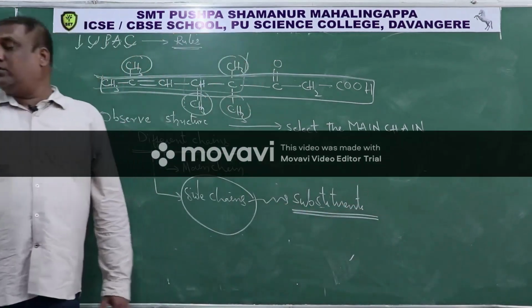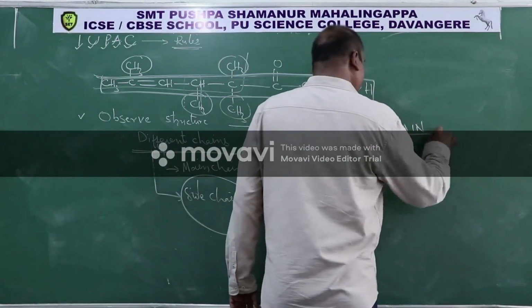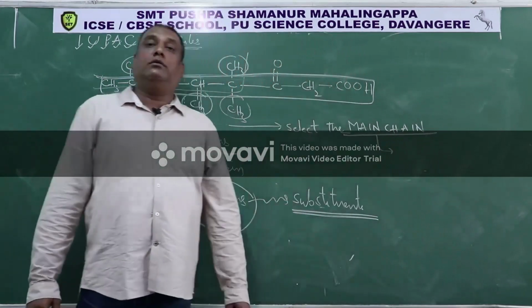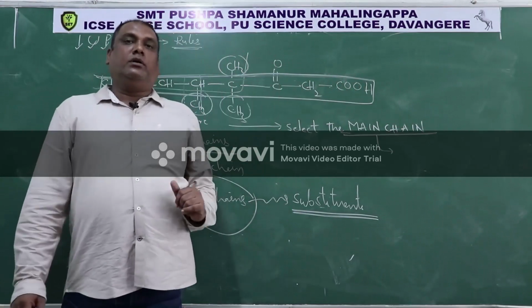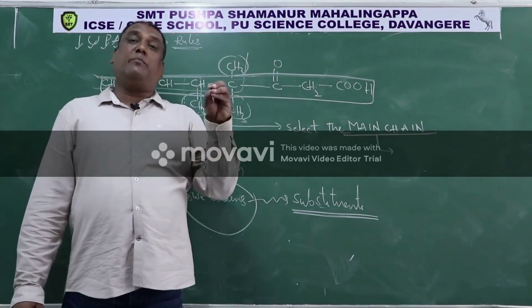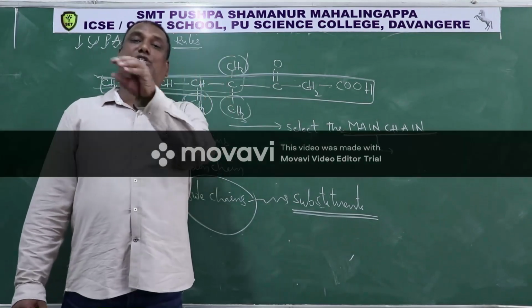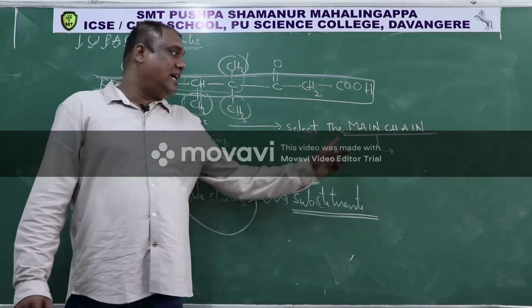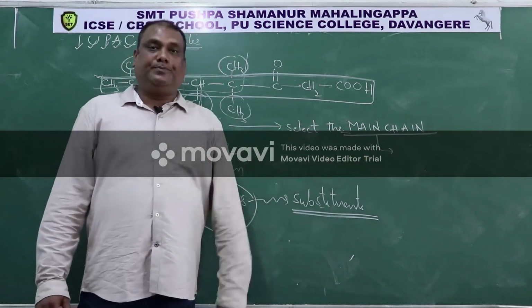Now the question is, how do you select the main chain? Among the many chains, the chain with the maximum number of carbon atoms is called the longest possible chain, and the longest possible chain should be selected as the main chain. That is called the long chain rule.